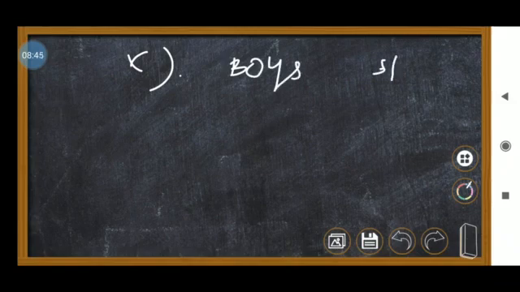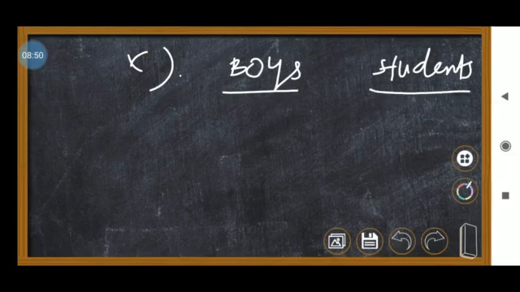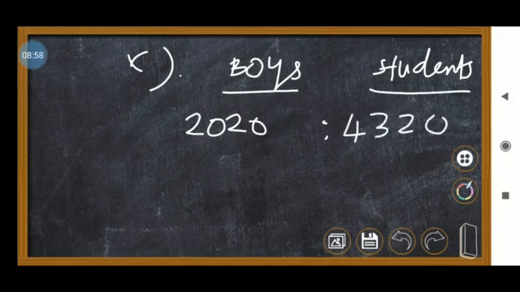So boys to students, what is that ratio? First we know that boys are 2020, and 2020 is to the number of students, which is actually 4320.